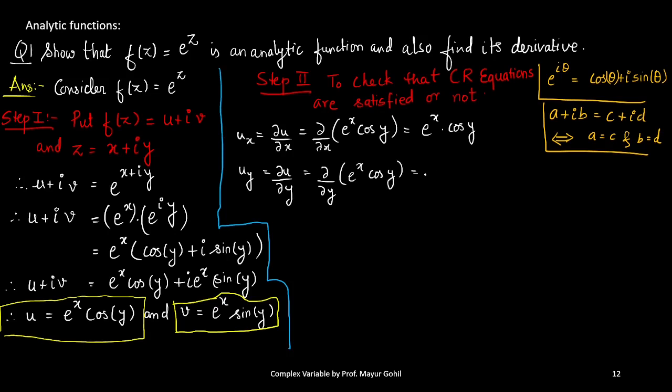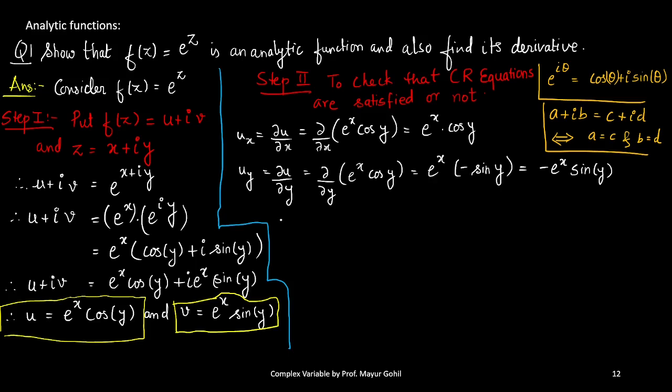So e to the power x is constant, we take the derivative of cos y, which is minus sine y. So the final answer here is minus e to the power x sine y.